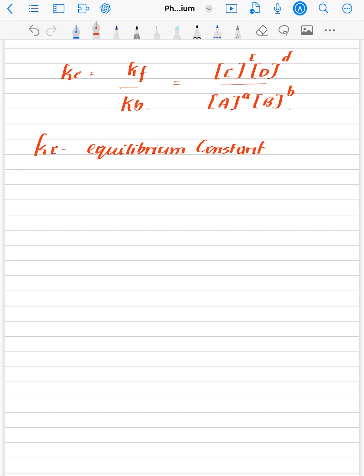So now a very important note is that if I have a reaction, that is a moles of A reacts with b moles of B in order to proceed to give me c moles of C plus d moles of D. Okay.